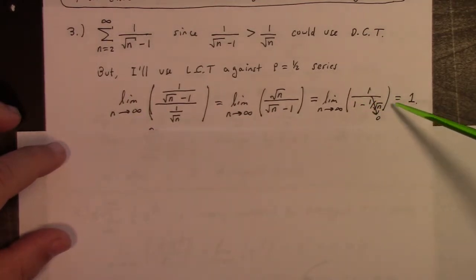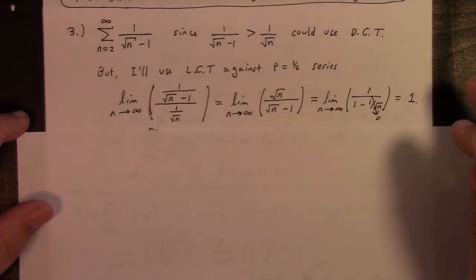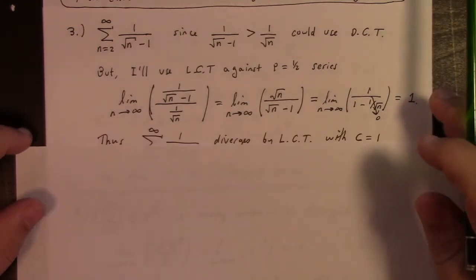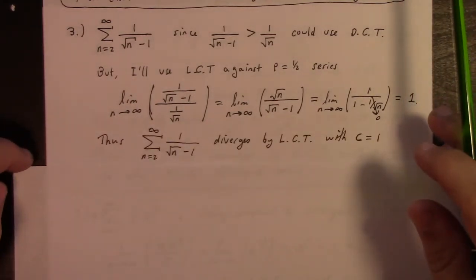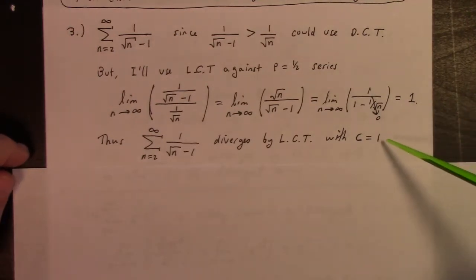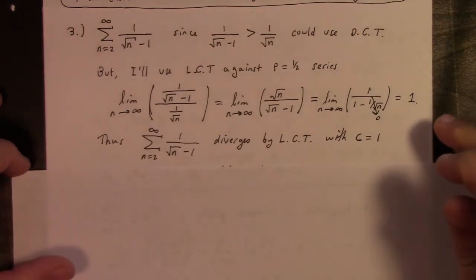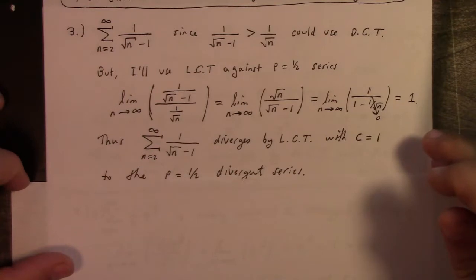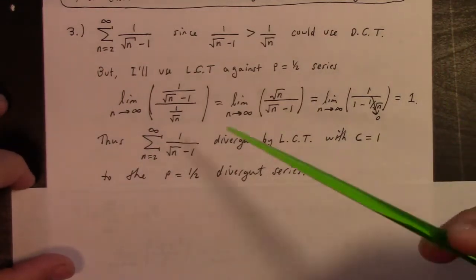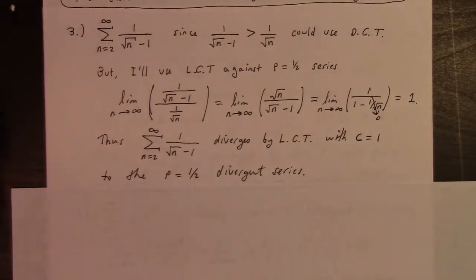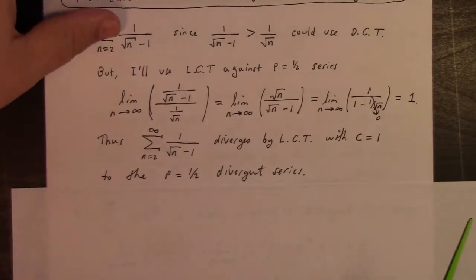I get 1 over 1 minus 0, which gives me 1. Aha! So by the limit comparison test, the given series diverges, because we have limit comparison with c equals 1 to the p equals 1/2 divergent series. All right.